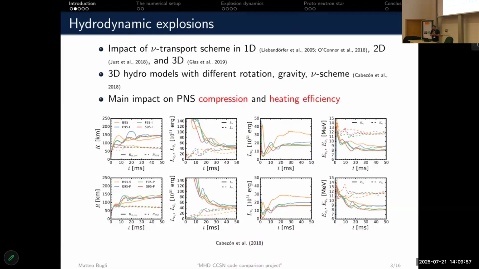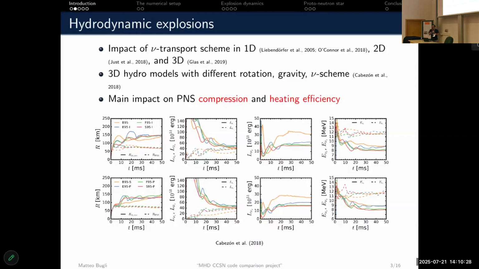In 2018 there was a systematic study of a number of 3D hydrodynamic codes with different choices for the rotation, gravity, and neutrino transport, which basically agreed that things are not too bad. On a quantitative level there are some deviations, but more often than not this study showed that at early times there seems to be an actual convergence and agreement among different codes.